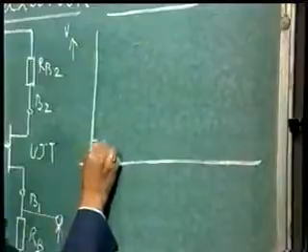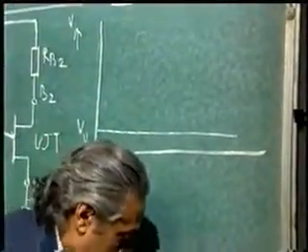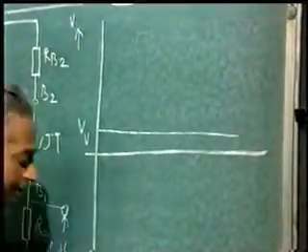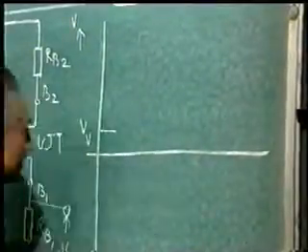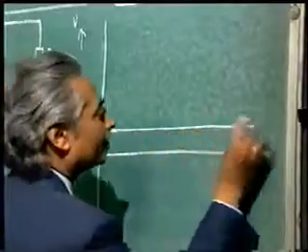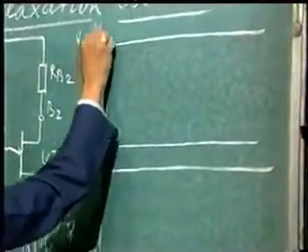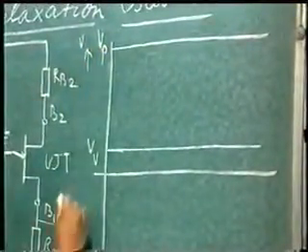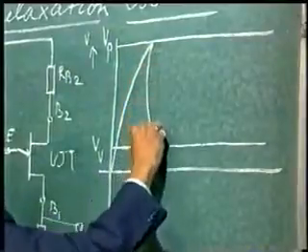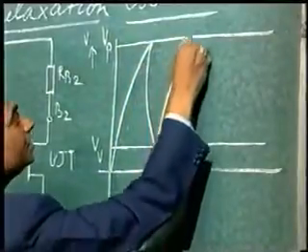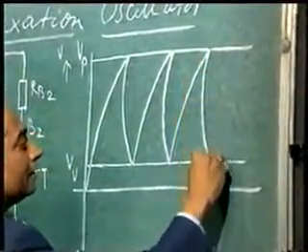We have, say, this is VV, which is the valley voltage, and this is the peak point voltage, which is Vp. What will happen to the capacitor? The capacitor will charge up to this voltage, and then it will discharge up to this voltage. Again it will charge, discharge, again it will charge, discharge, and so on.